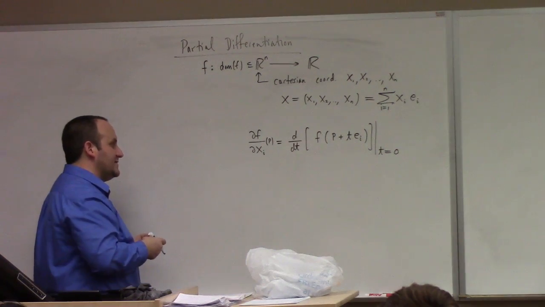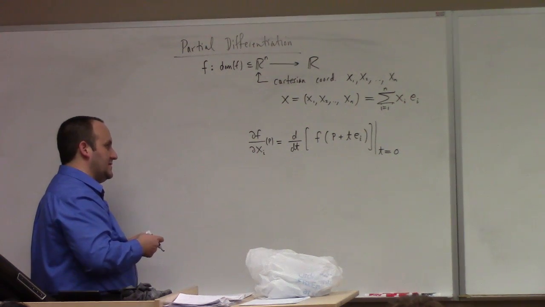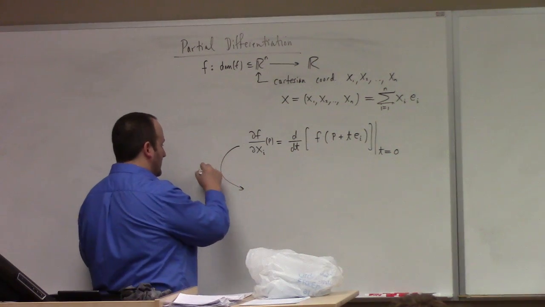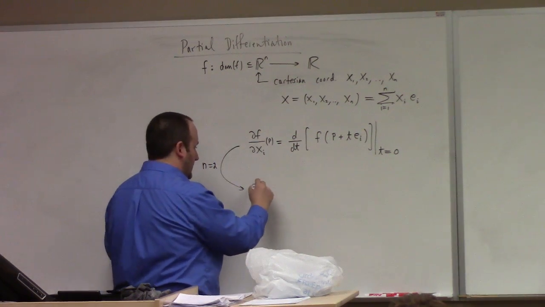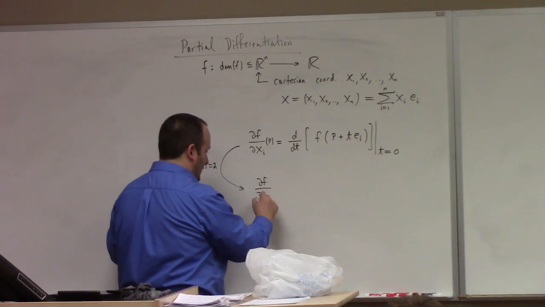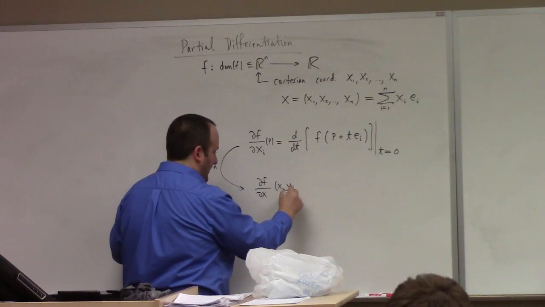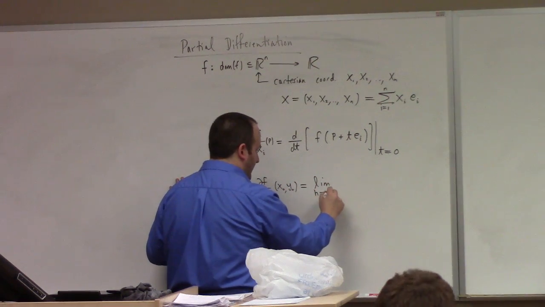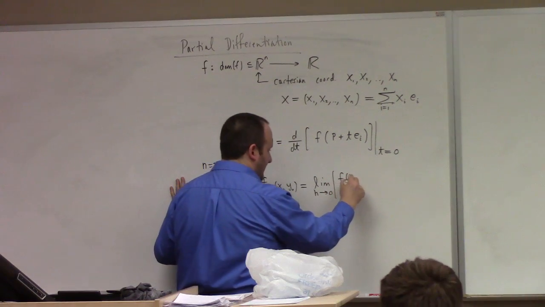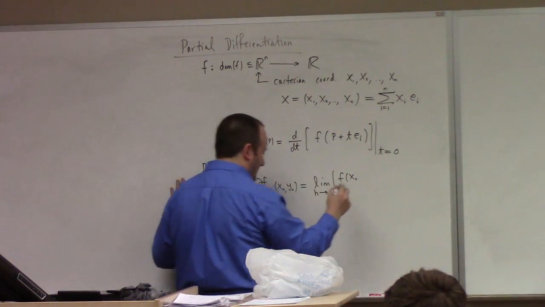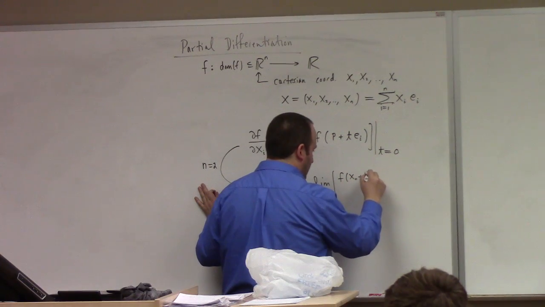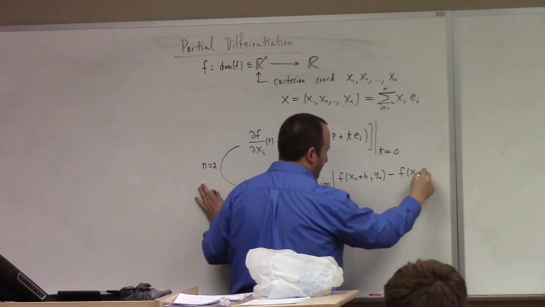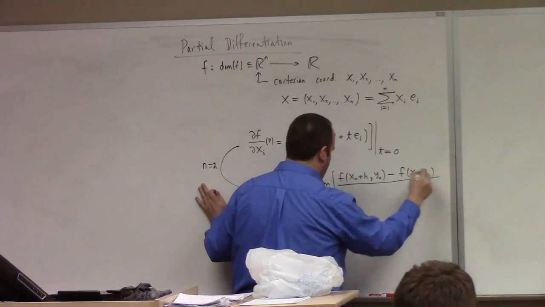I'm regretting writing this. I don't think it helps us. Let me just show you what this looks like at n equals 2. Partial f over partial x at the point (x0, y0) looks like the limit, as h goes to 0, of f(x0 + h, y0) minus f(x0, y0), all divided by h.